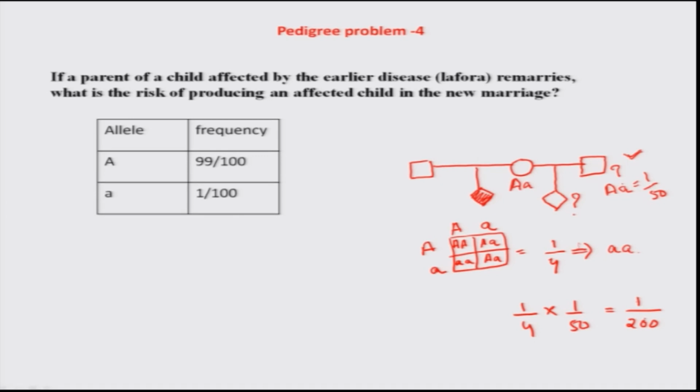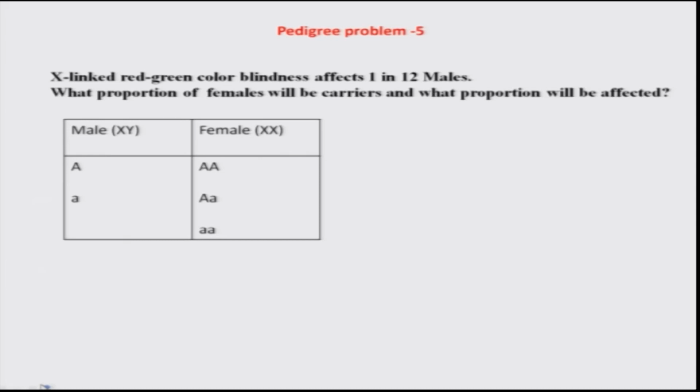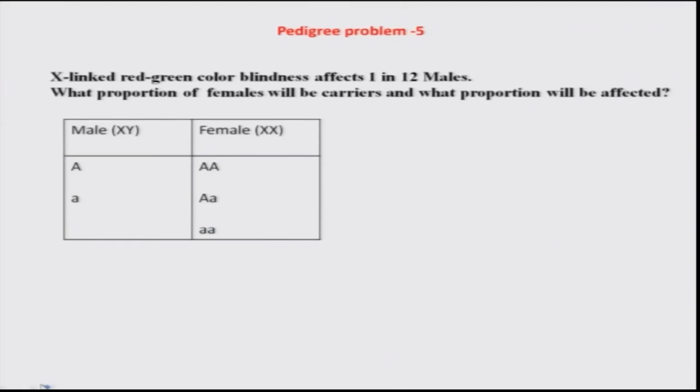Now, let us look into problem 5. What we learned with Hardy-Weinberg equilibrium, there we assumed that every gene has two alleles, A and a. But there are some cases, like if we consider males, for X they are hemizygous, and on the other hand, females have 2 X chromosomes.